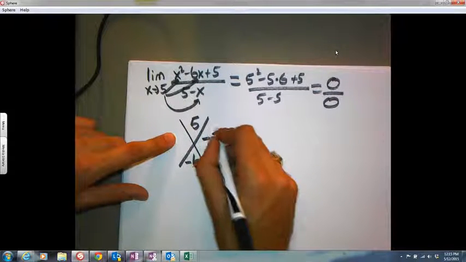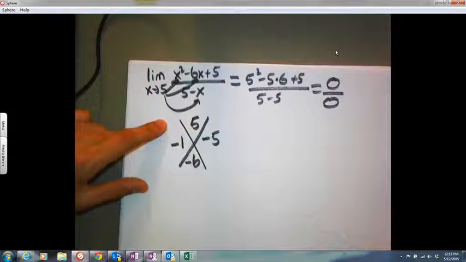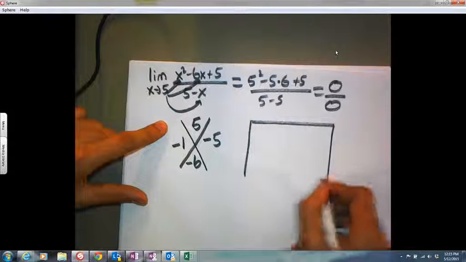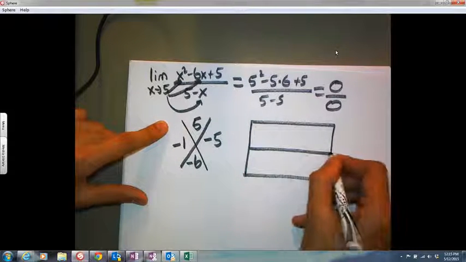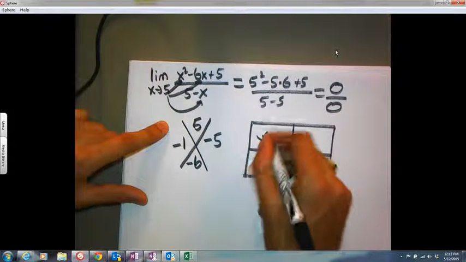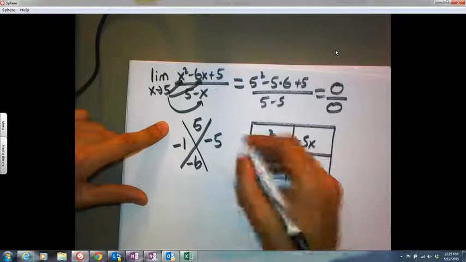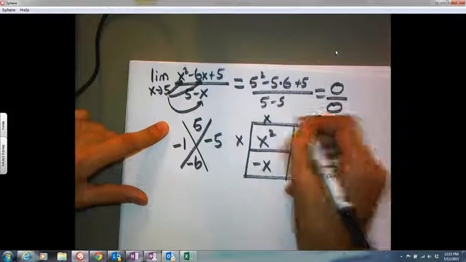Need to get the box now. So this is minus 5 here and minus 1 here.